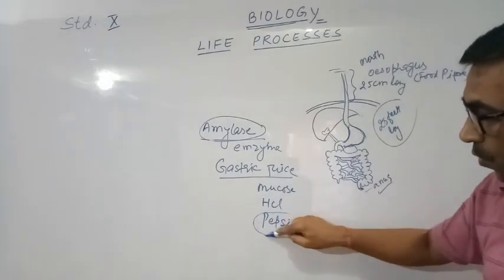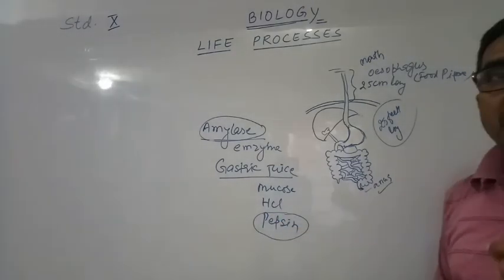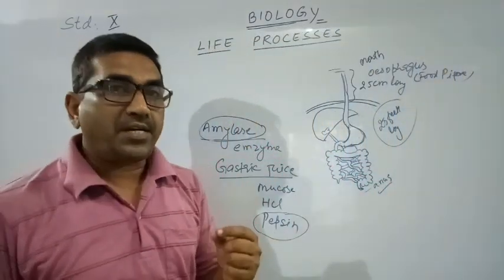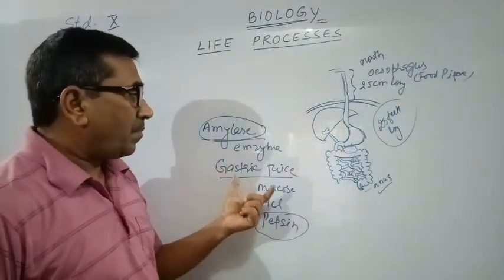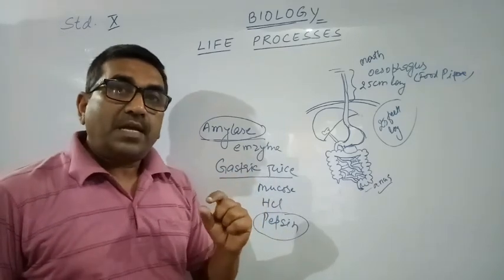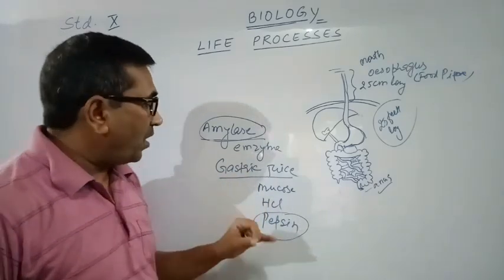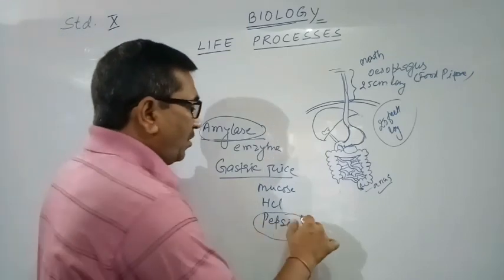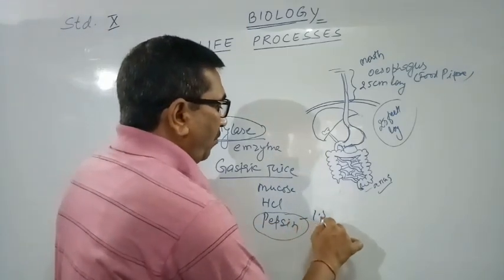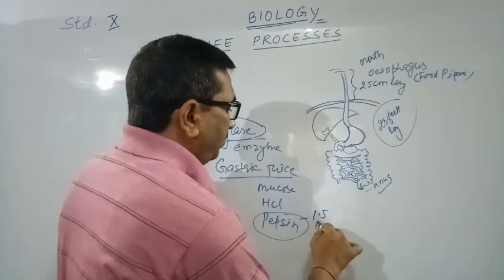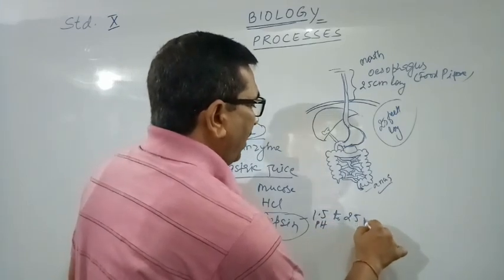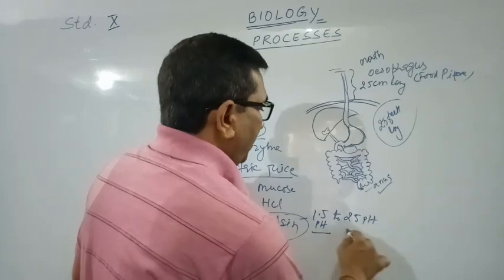Pepsin works in the acidic medium, and what is the work of the HCl that is secreted? HCl creates the acidic medium for the working of pepsin. Pepsin works best between 1.5 pH and 2.5 pH.